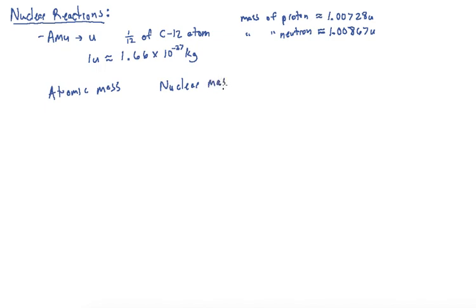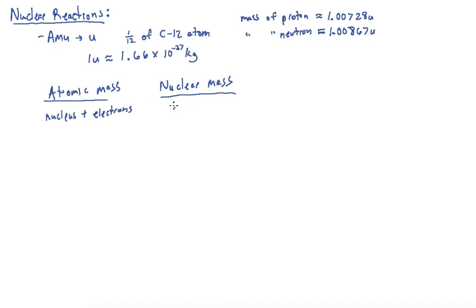The difference is that for atomic mass, all I did was mass the actual atom, so this is the nucleus mass plus the electrons. The nuclear mass is what you get once you subtract off the mass of the electrons.